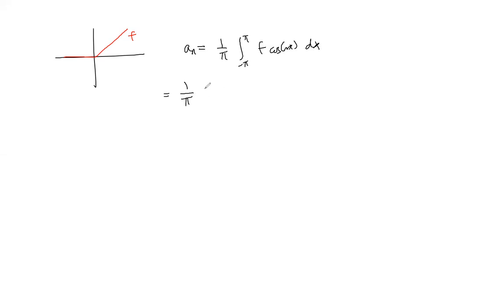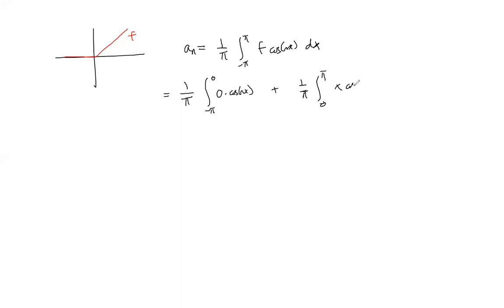Okay, so let's just compute some of these. We have to split the integral into 2 parts because f is piecewise defined. So we should split it into negative pi to 0 plus 0 to pi. The negative pi to 0 part is the easiest part because f is just 0 there. So this is going to be 0 times cosine of nx.